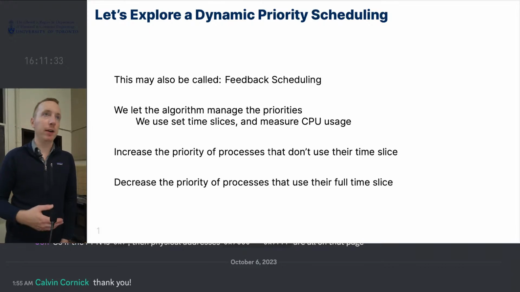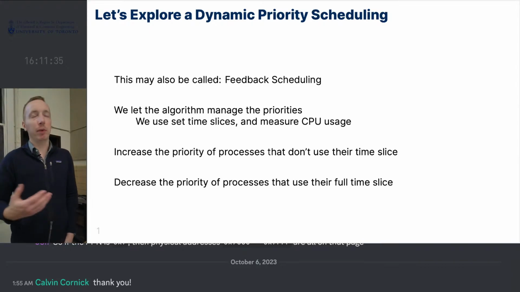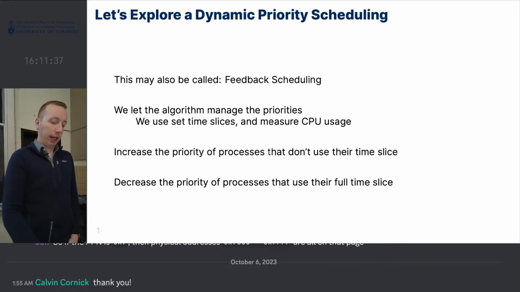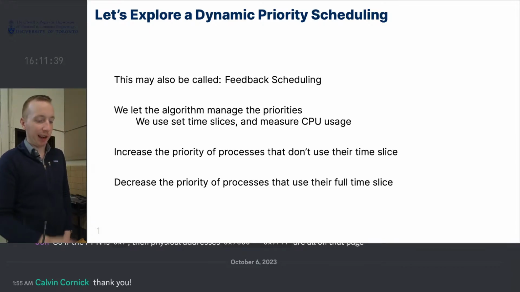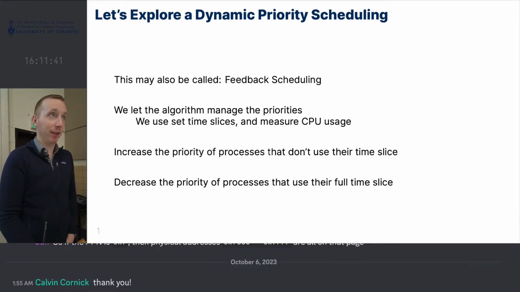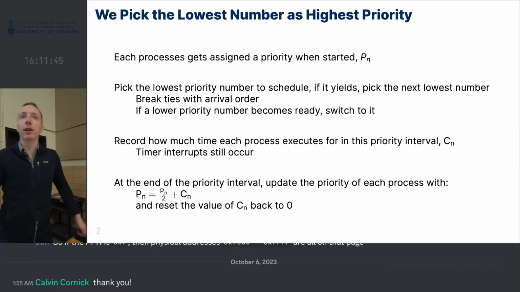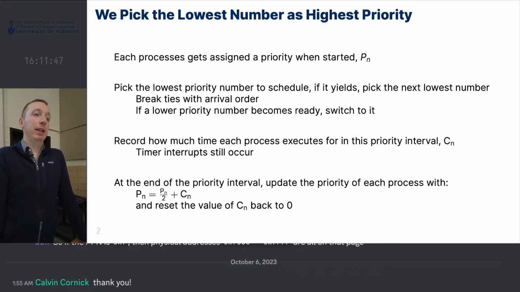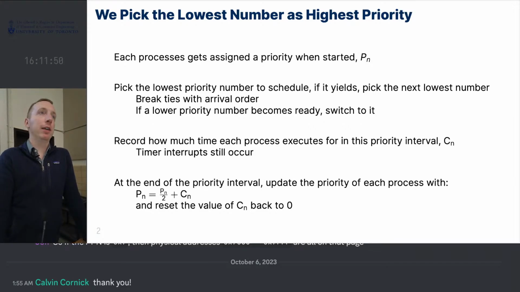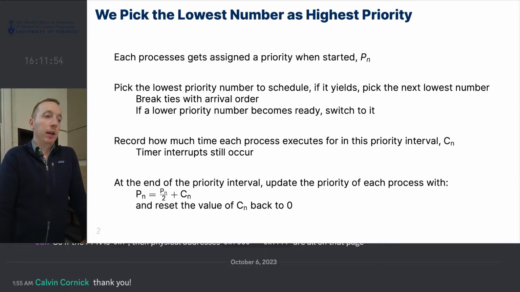We try and be fair, but we allow you to set an initial priority so that some processes definitely get scheduled before others. Like I said before, we pick the lowest number. That means the highest priority, same as in Linux priorities.